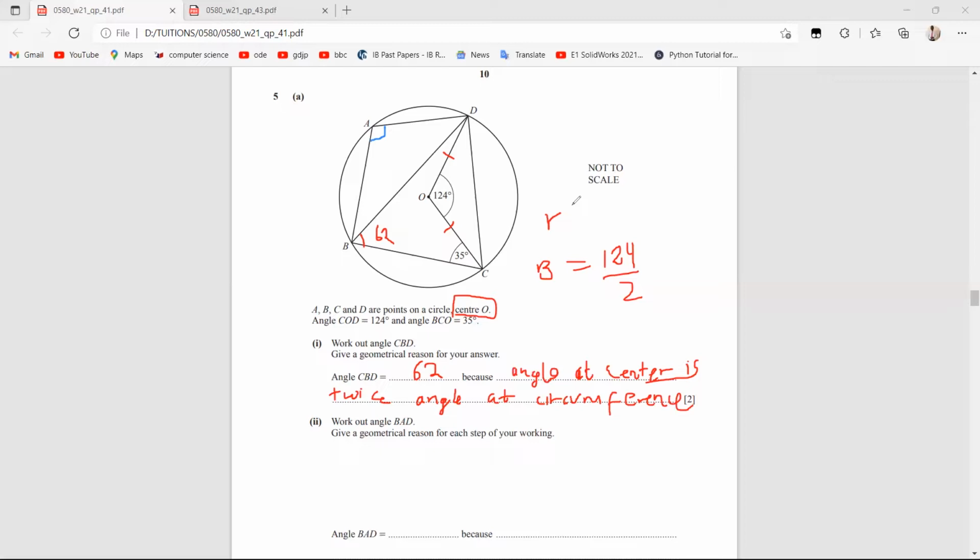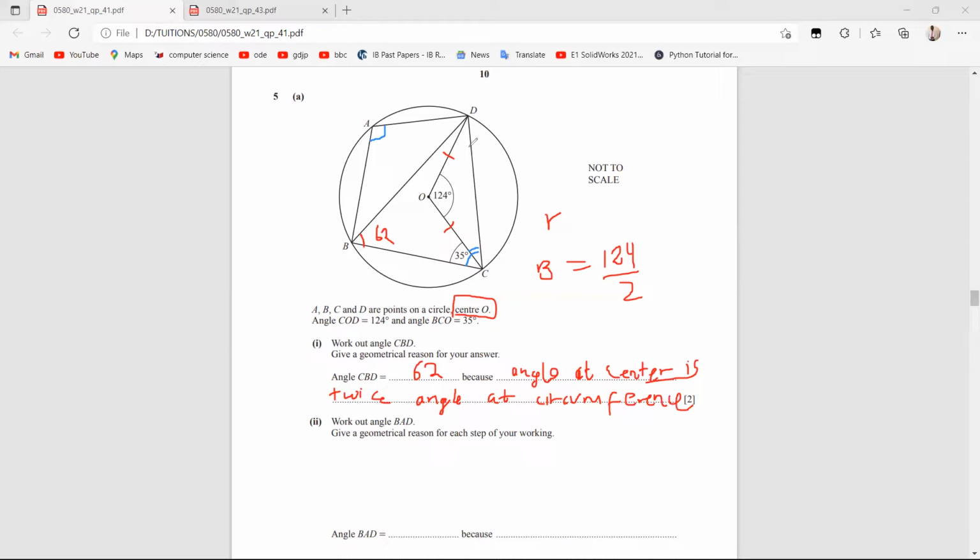Because angle A and angle C, by angle C, I mean the whole C there, and angle A are opposite angles inside the cyclic quadrilateral. In this case, our cyclic quadrilateral is ABCD, all right? So now, the only thing we are missing is this angle right here next to 35 degrees.